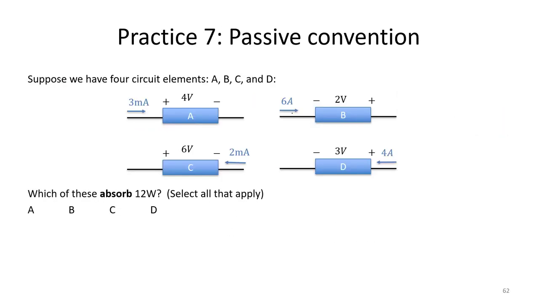In practice 7, we're asked to solve for which of these circuit elements absorb 12 watts. In this case, it's important to remember the passive convention. An element is absorbing power if the power value is positive and if the current is entering the positive terminal.